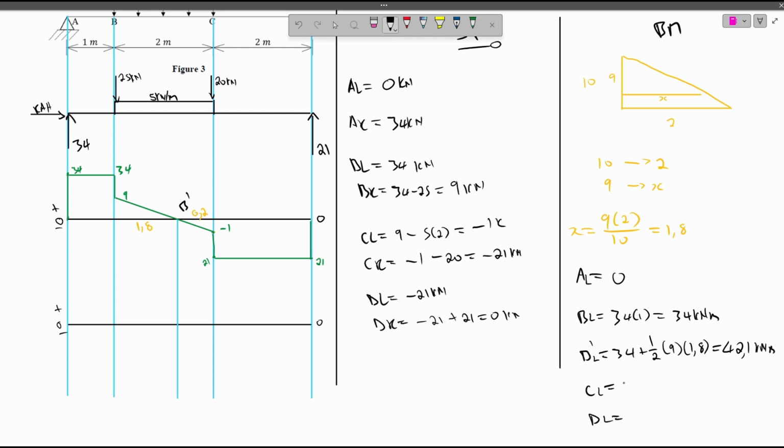Then C left you have the 42.1 minus 1 over 2 times 1 times 0.2. And you get 42 kilonewton meter. D left you have the 42 minus 21 times 2, which is back to 0.